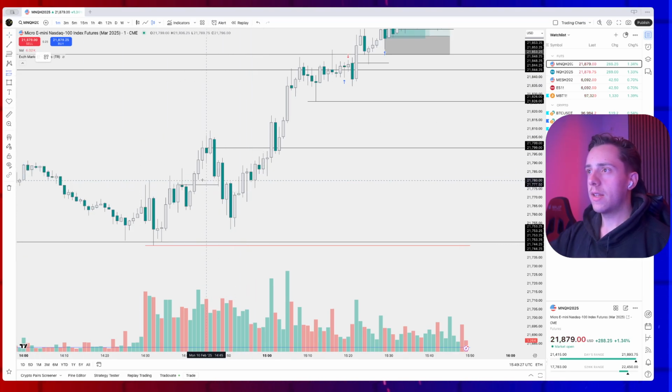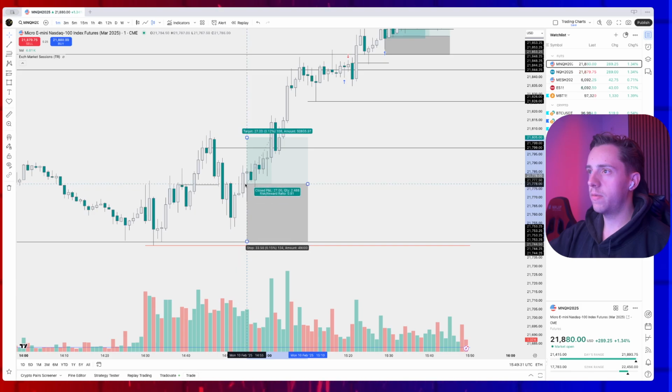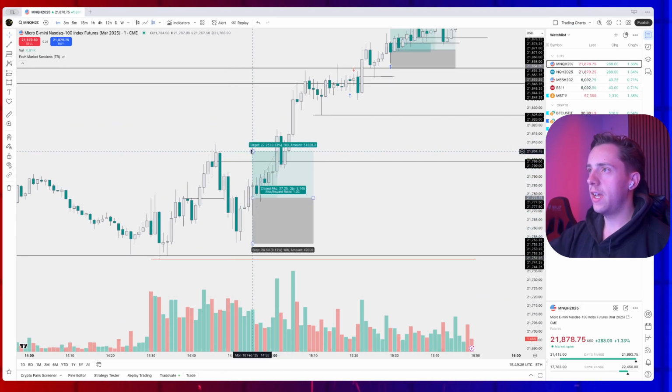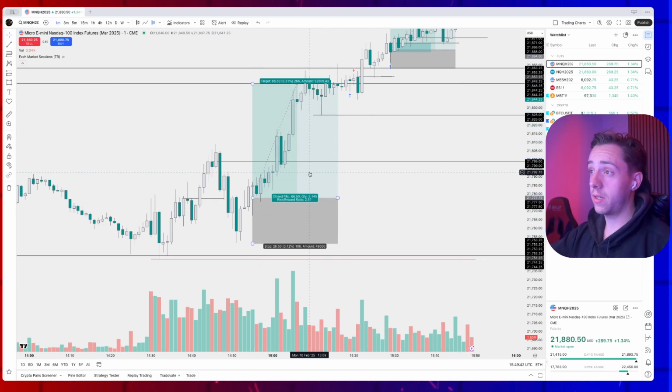That said, I wanted to long this. So entry here, stop loss would be around here, and my target would be around here. So this is a 2.5R. This would have been a really good trade.